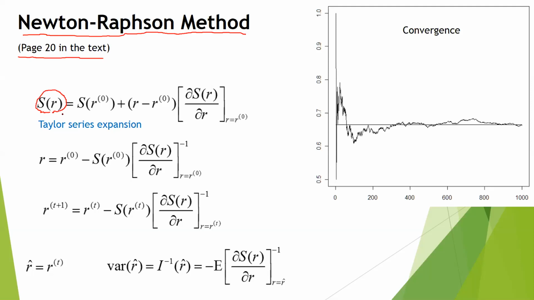Basically, what we do in the Newton-Raphson method is we express the first derivative of the likelihood function with respect to R by using a Taylor series expansion.